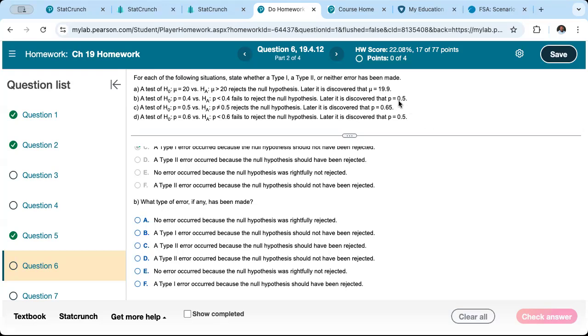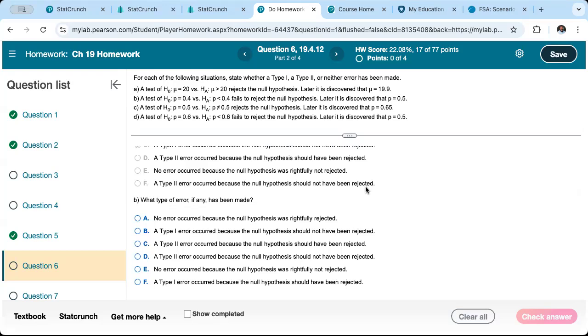So then P is 0.5, they made a mistake. Is that okay? But here they did not what? Reject. They failed to reject and later discovered that P is 0.5. The alternative is saying P is less than 0.4. But here P is what? 0.5. And then they failed to reject. So they made a good decision.